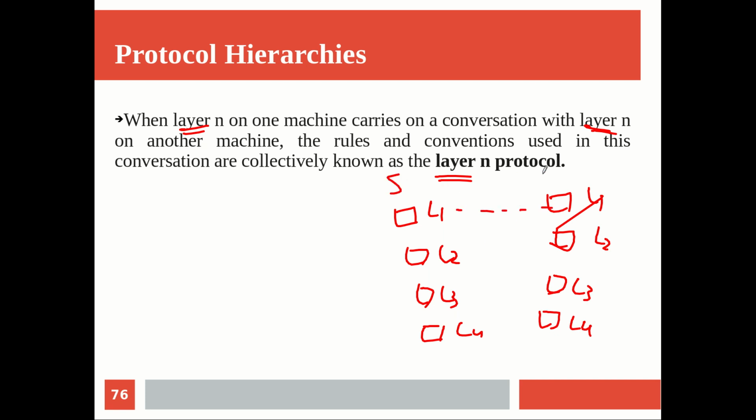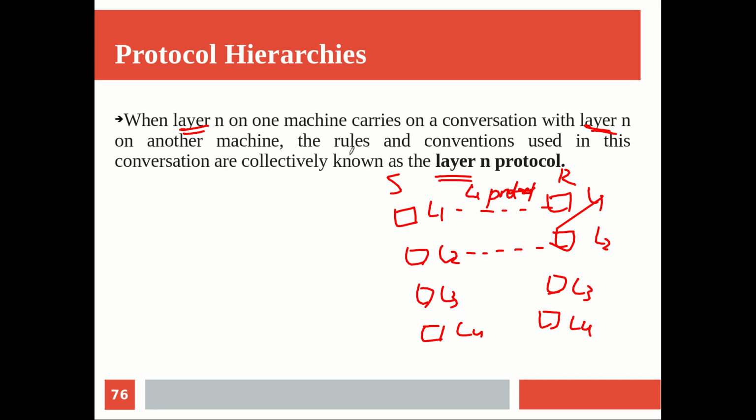This is a sender and this is a receiver. Layer 2 of sender communicates with layer 2 of receiver. So layer 1 of sender is communicating with layer 1 of receiver using the layer 1 protocol. This is where the protocol is working, and that facilitates the communication between the corresponding layers at the sender and the receiver side.